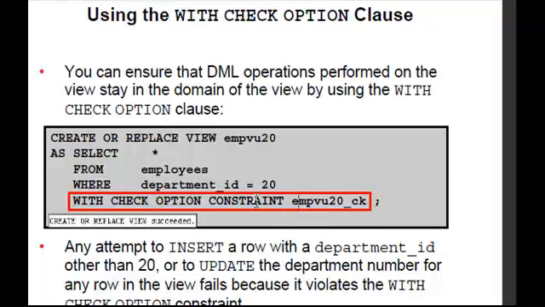What does it mean? It means that you can apply any insert, delete, or update, any DML for department 20. But if you're attempting to update department 30, 50, or whatever, this constraint pops up and tells you that you are not allowed to do a DML on any department ID except department 20.